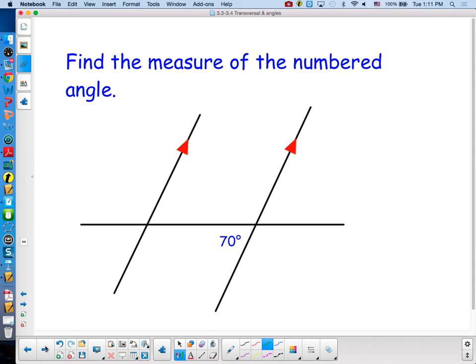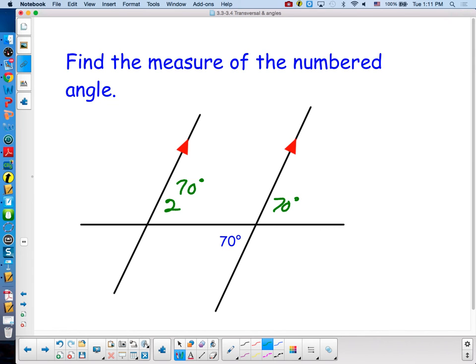Let's have you find this angle. How many degrees is angle 2? 70. Why, Ben? Okay, now these two angles are not vertical, or do you mean this one? Yep. Okay, that one's 70.